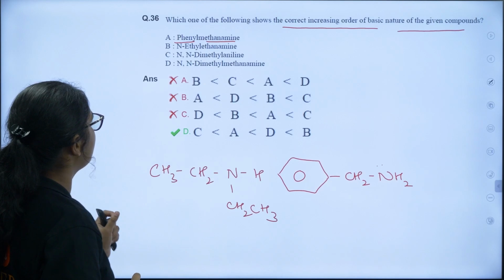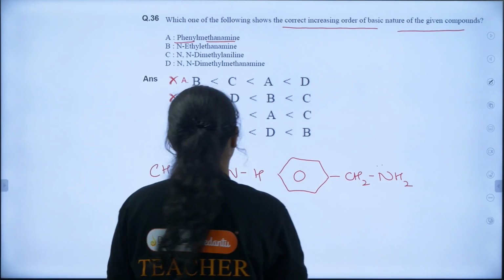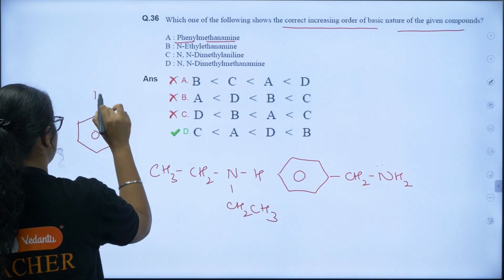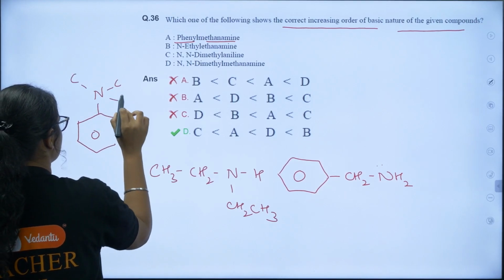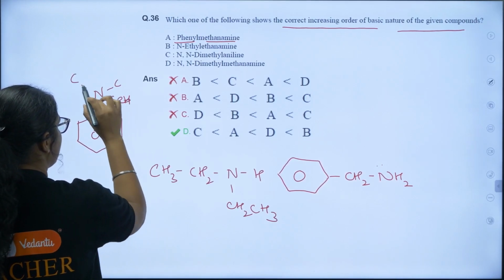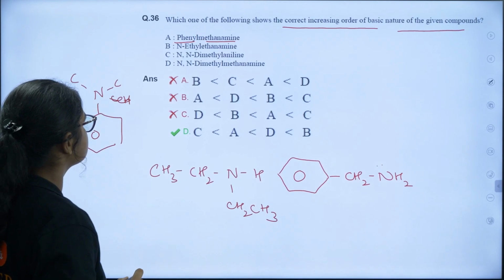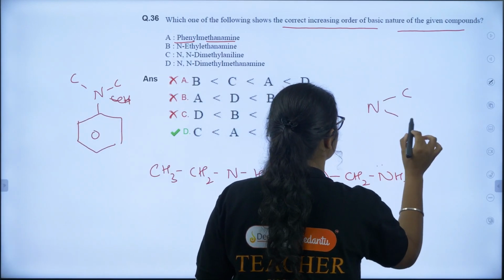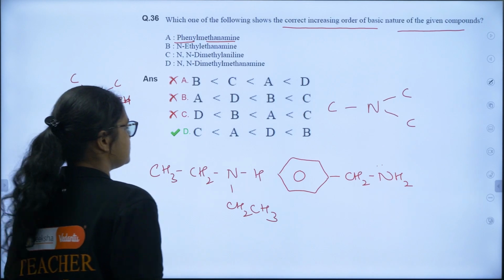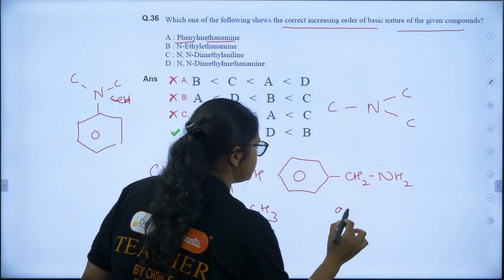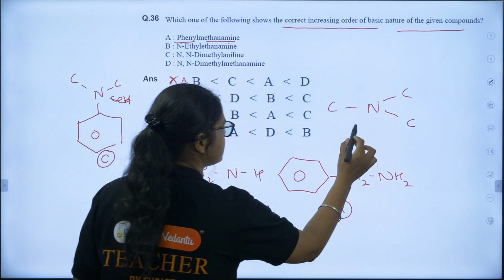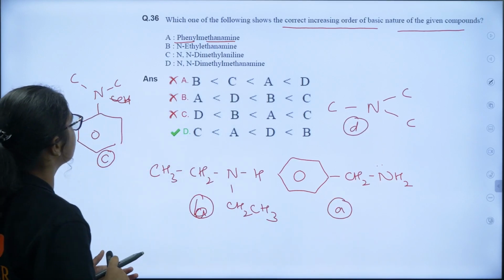Next you have N,N-dimethyl aniline, so the next structure will be N,N-dimethyl aniline, and the next one is N,N-dimethyl methanamine, so that is your N with CH3 groups. So this is your A, this is your B, this is C, and then this is D, right? I think I have written it correctly.